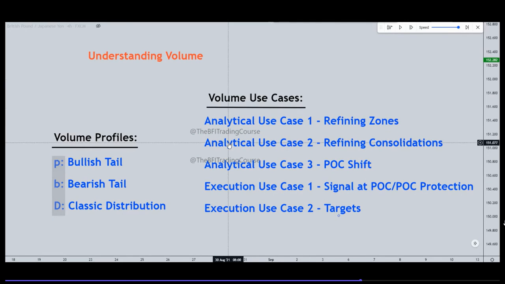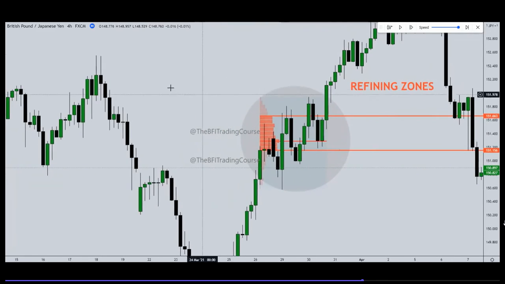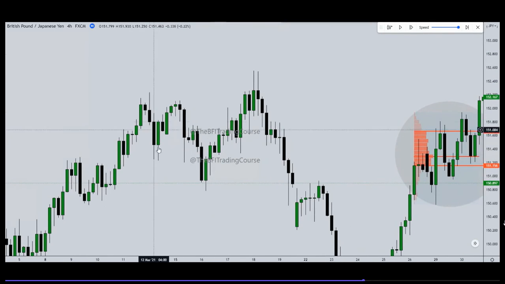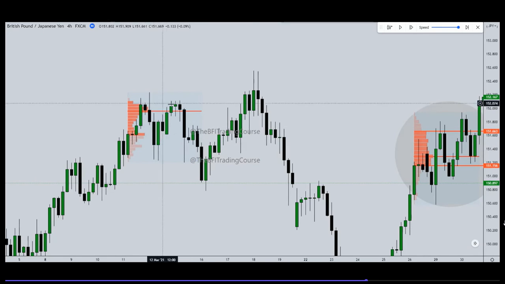Use case number 2 for the analysis, refining consolidations, which just means we have an area of consolidation, let's say up, down over here, multiple, 2, 3, and more is really important, especially when you have multiple rallies, collapses on the 4-hour.